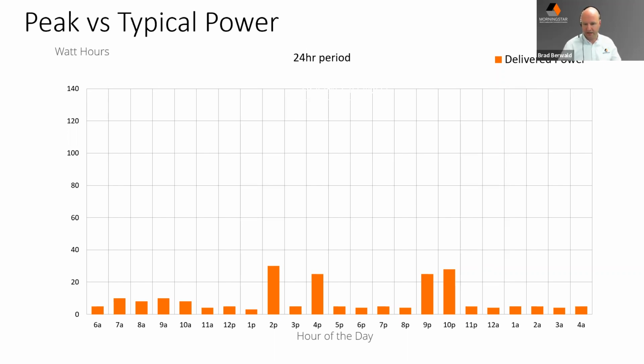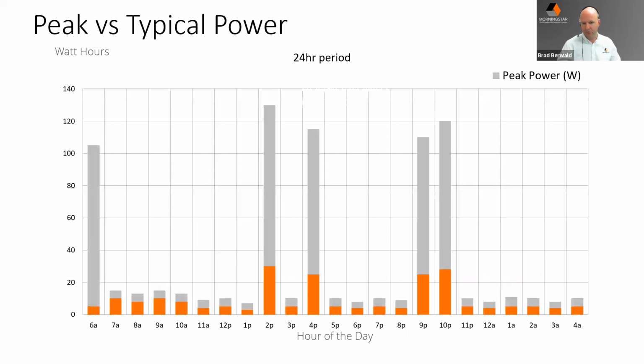And over time, you see that it's got more draw during certain periods of time. But when you actually graph peak power versus average power, you'll see that there are significant spikes, and they don't run for extended periods of time, but knowing that they're there is really useful. And the only way to do that is if you've got a really good amount of data being logged at the site.